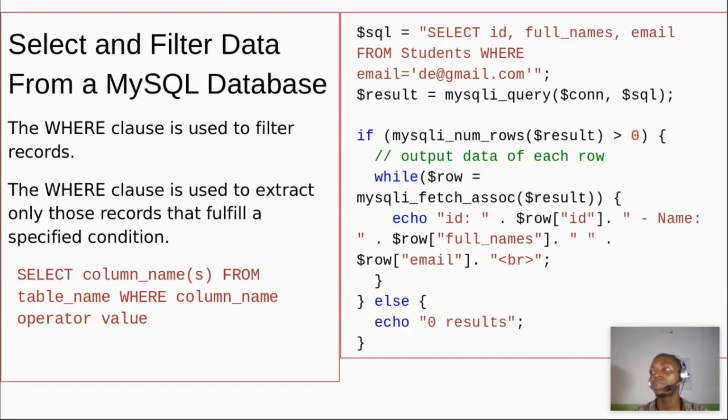For example, if you want to get data based on a particular email or ID, you use the where clause to extract only those records that fulfill a specified condition. This is the syntax here, and you can try this out. I'll leave these slides so that you can test all of this code.